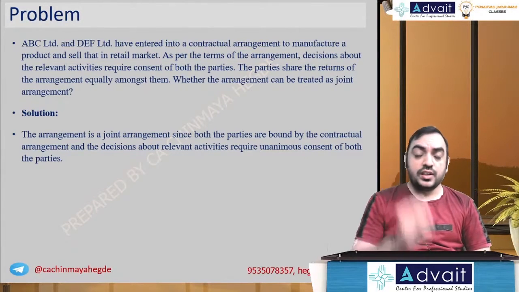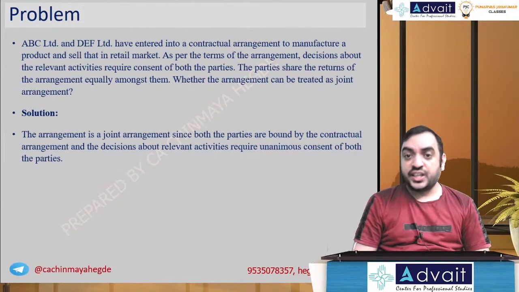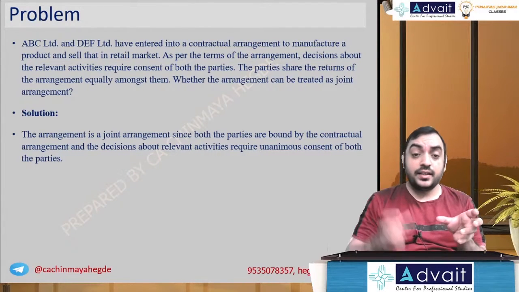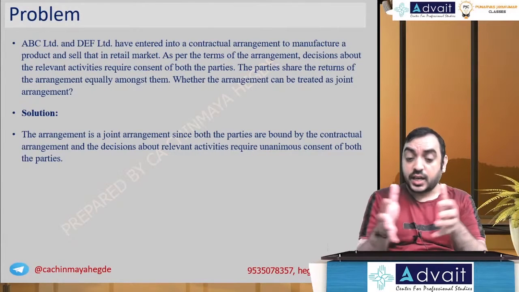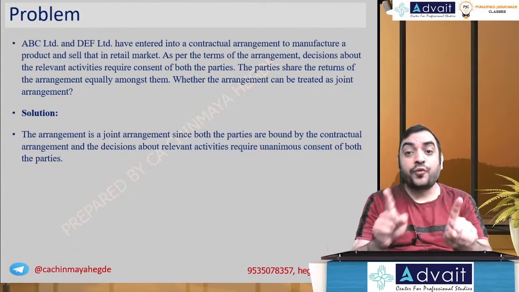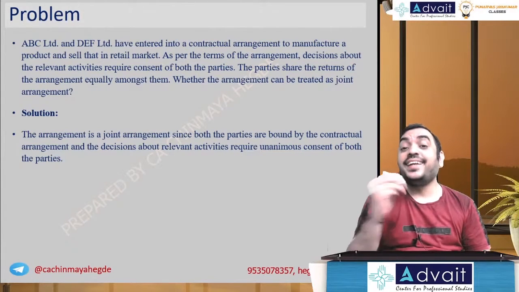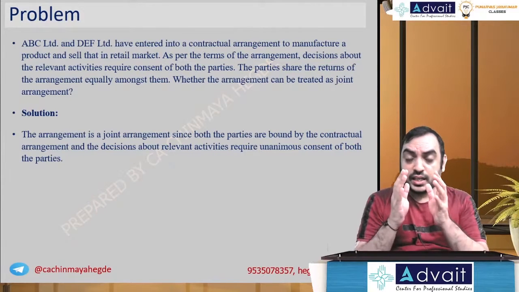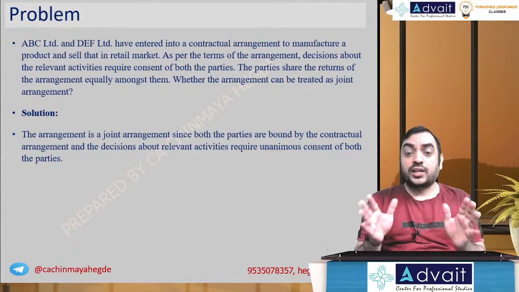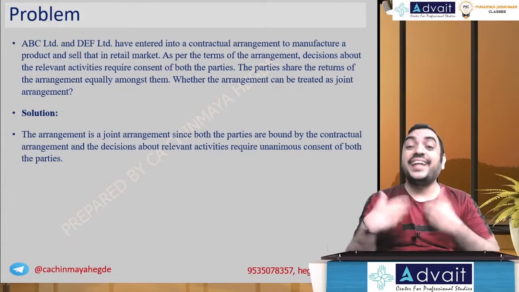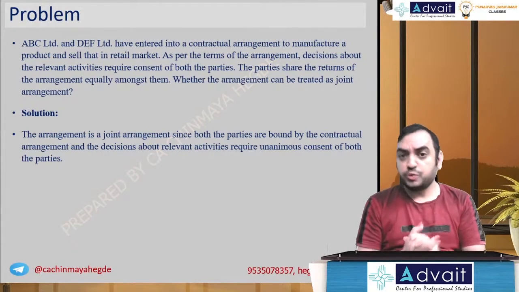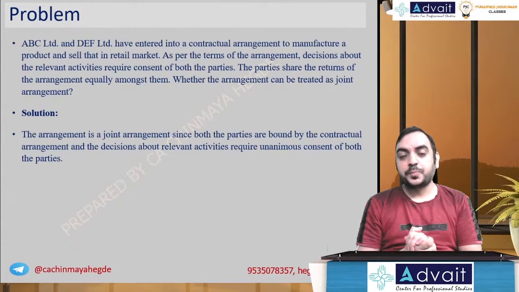So what is the important identification here? ABC Limited and DF Limited are coming together, but they are not forming any new entity. They are starting a product, but they have not started a separate entity for this purpose. So far, this is the information.